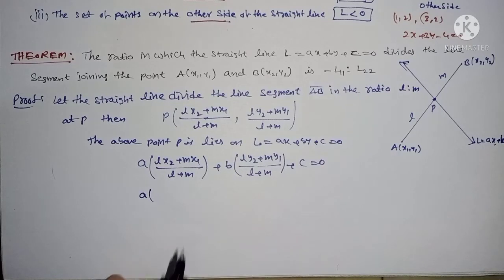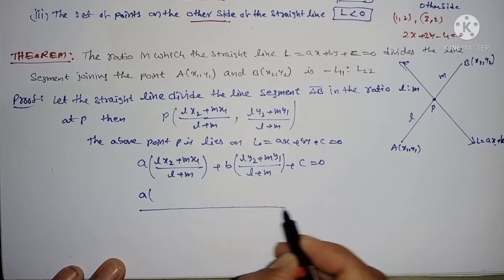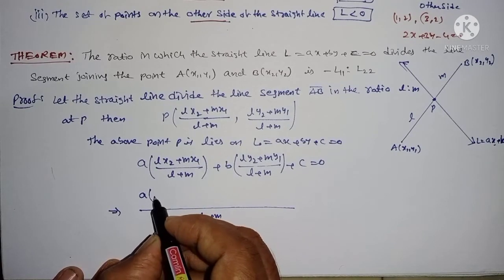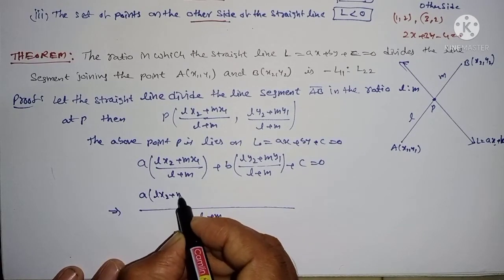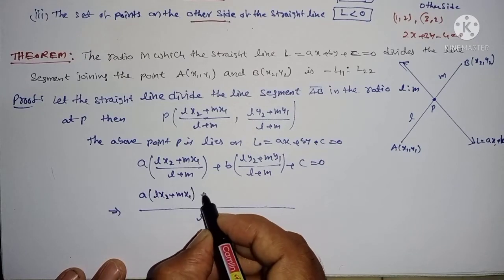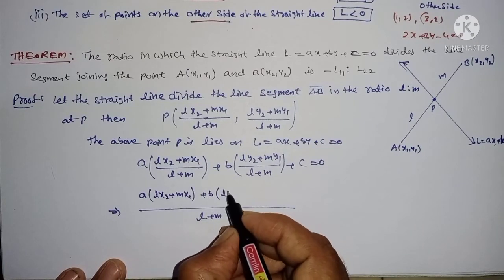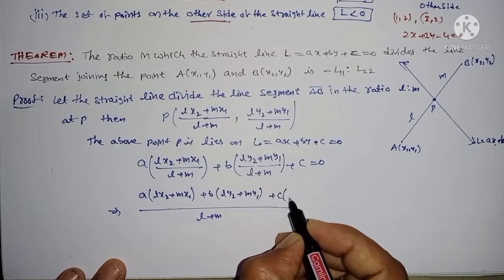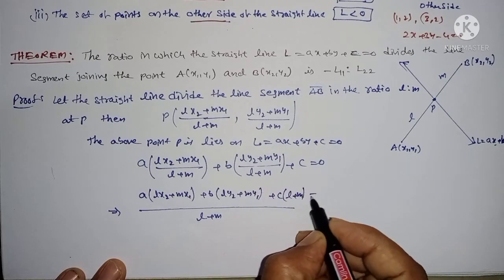I am taking L plus M as the LCM. A of (Lx2 plus Mx1) plus B of (Ly2 plus My1) plus C of (L plus M) is equal to 0.